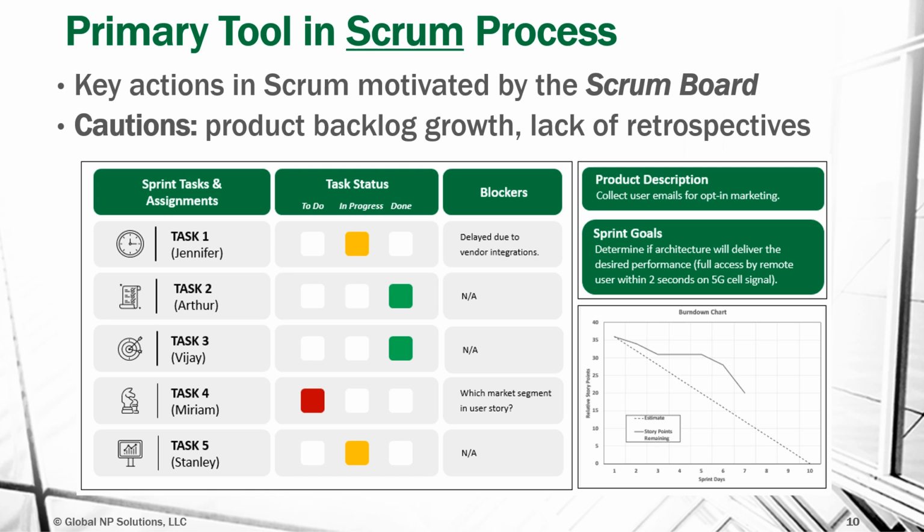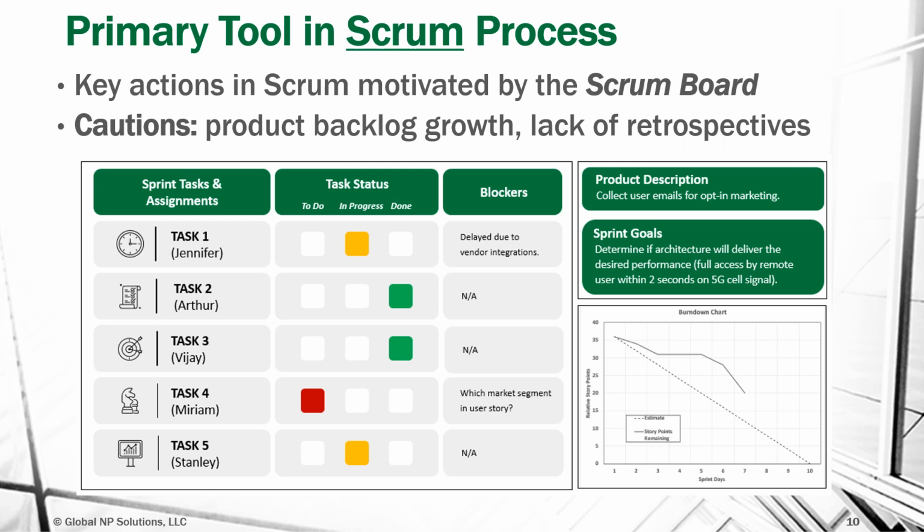Another element on the Scrum board that is really good is the burn down chart. So rather than counting up the dollars that we've spent, we count how many of the agreed upon tasks have been conducted during that particular time period of the sprint.